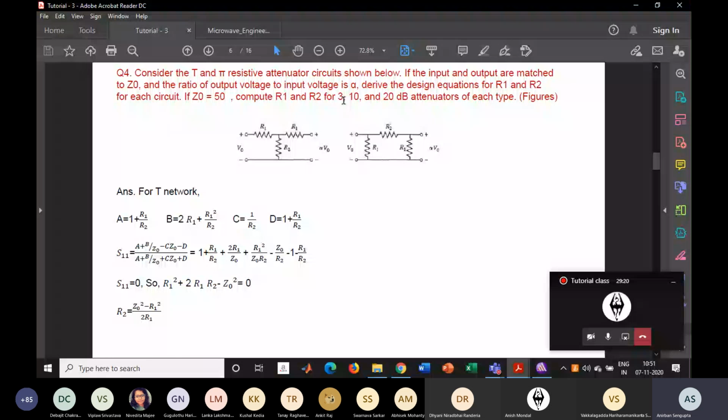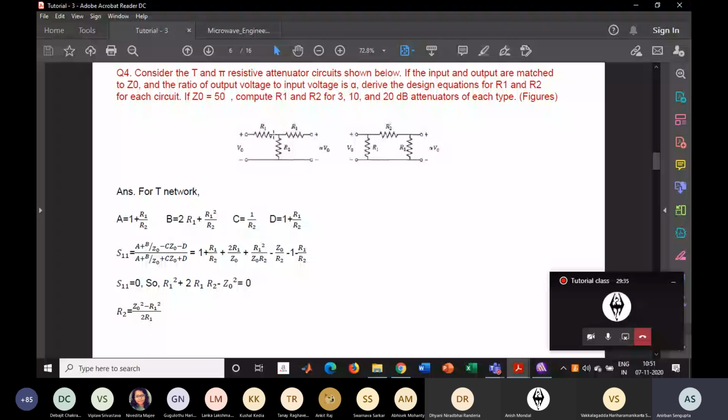So now the question is, for these attenuation levels 3 dB, 10 dB, 20 dB, what will be the design equations or what will be the values of the R1 and R2 from these two circuits?